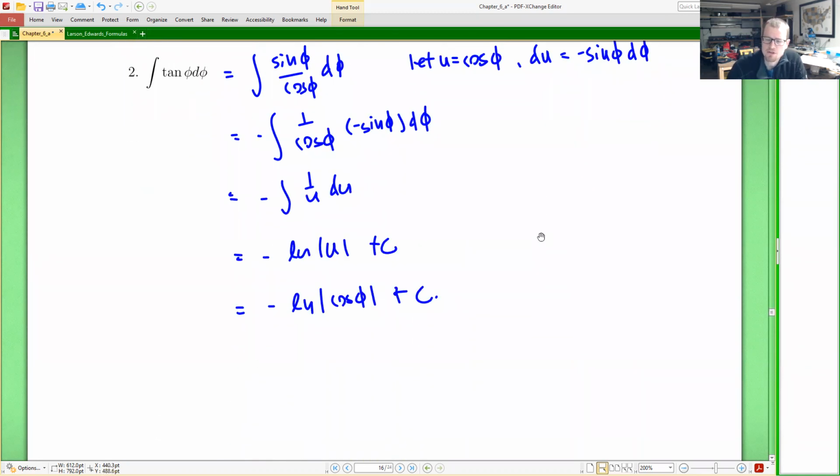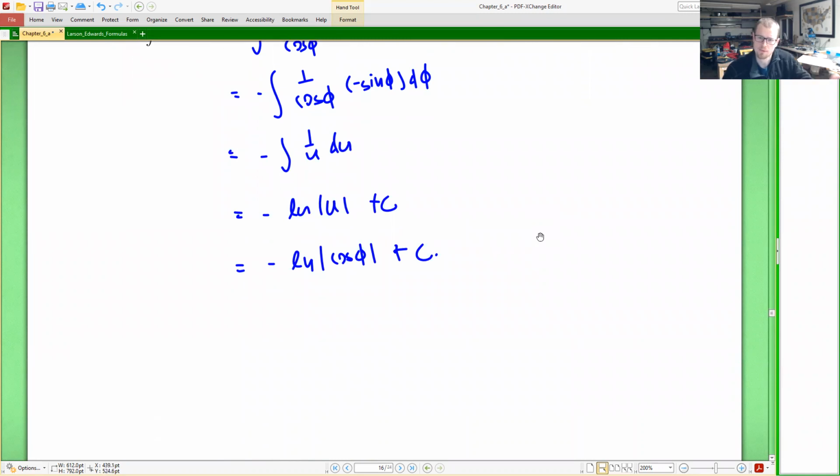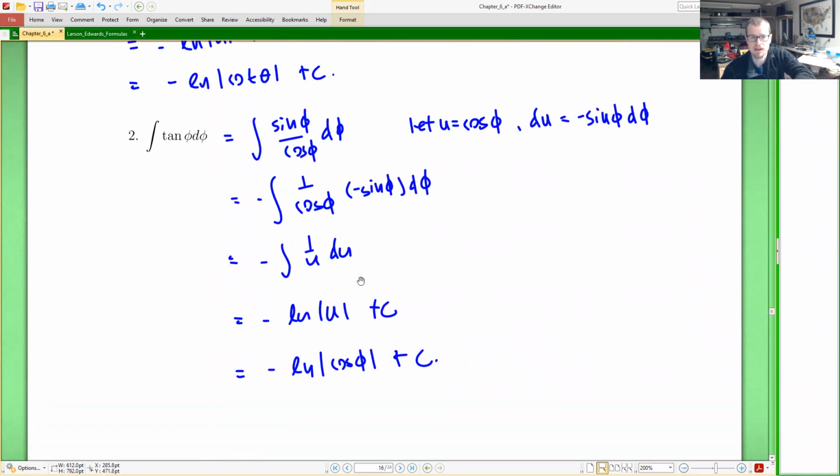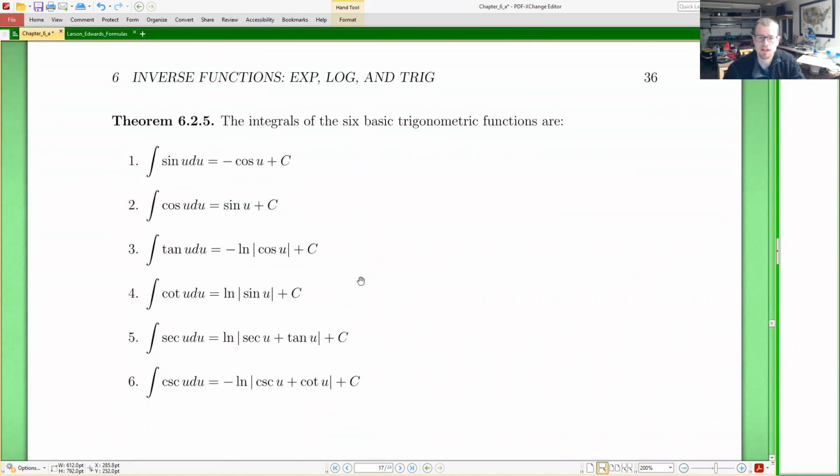All right, so where does this lead us to? Well, we can apply this same method to find this theorem, right? We already know the integral of sine and cosine because we know their derivatives, but then we just found the integral of tangent, and almost in the exact same way, we find the integral of cotangent.